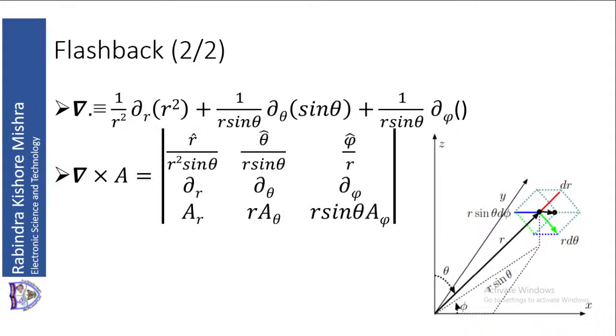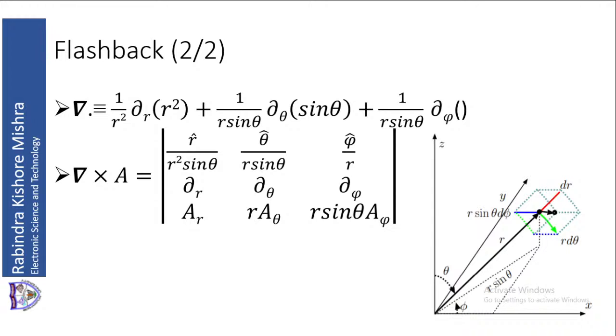Then del cross A in the spherical coordinate system is a determinant of 3 by 3 elements. The first row of the determinant is r cap upon r square sin theta, theta cap upon r sin theta, phi cap upon r. In the second row, the elements are ∂/∂r, ∂/∂theta, ∂/∂phi.